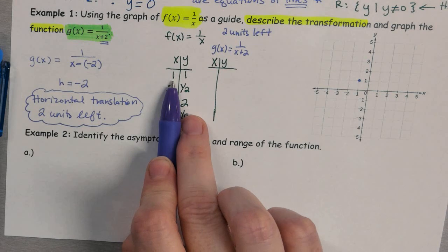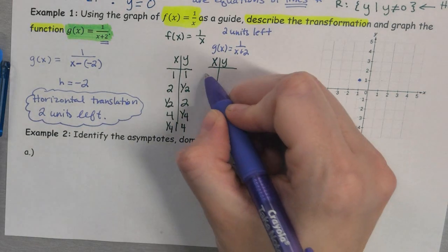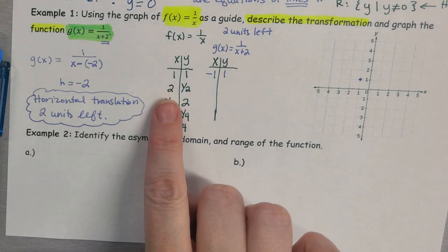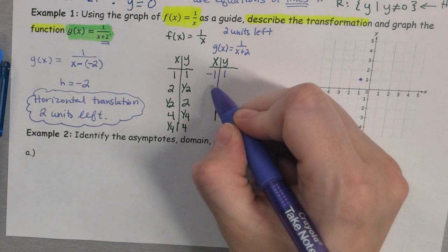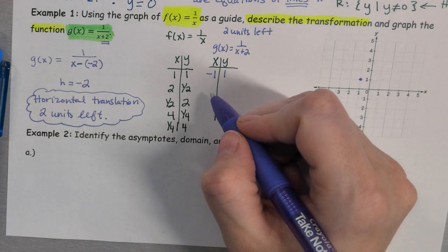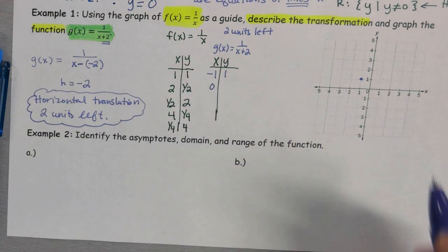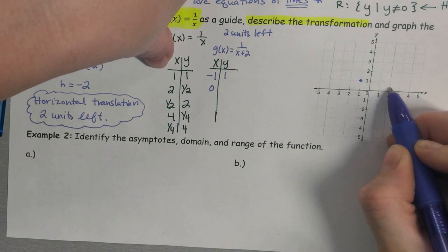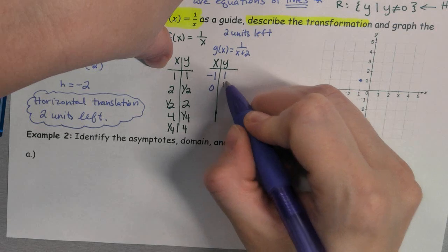So 1 minus 2 is negative 1, and then the y stays the same. Okay, so then we could keep doing that. So 2 minus 2 is 0. You could also go to 2, 1/2, and then you could go over. So it's up to you.